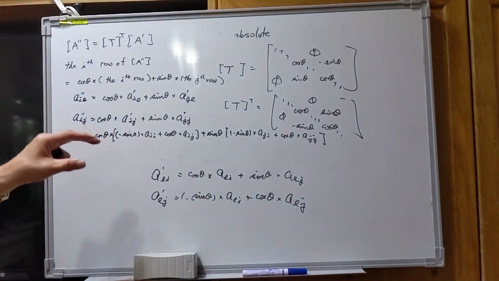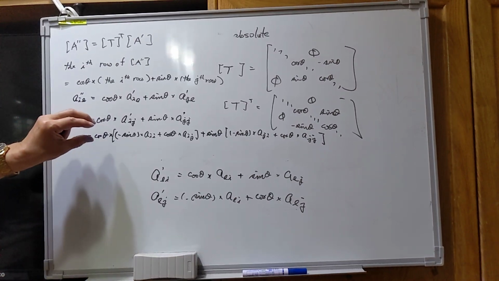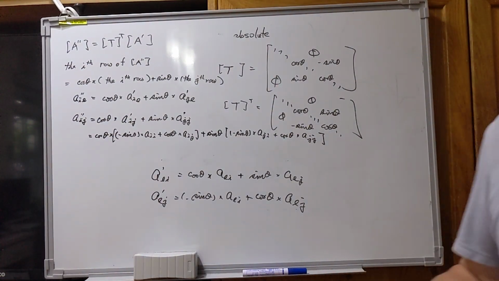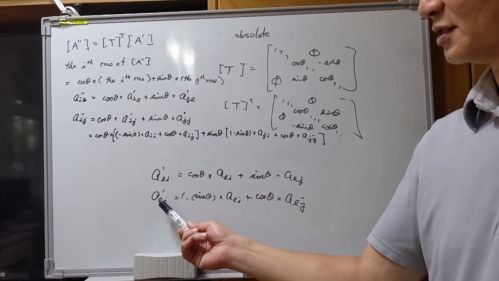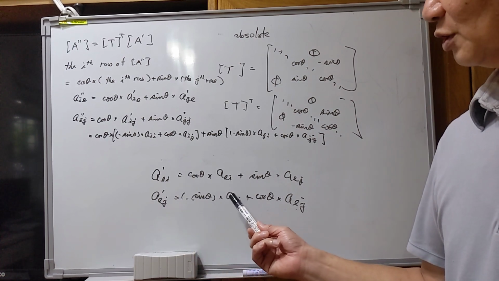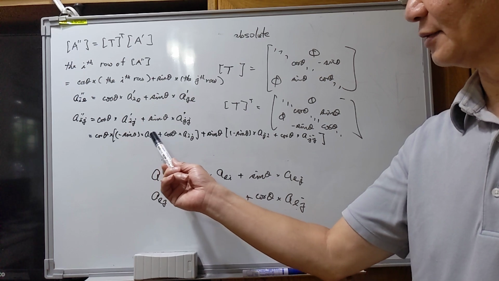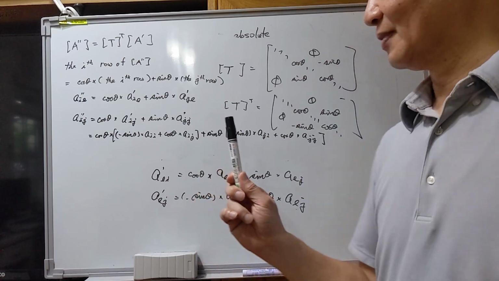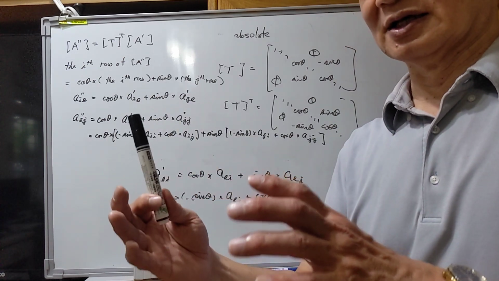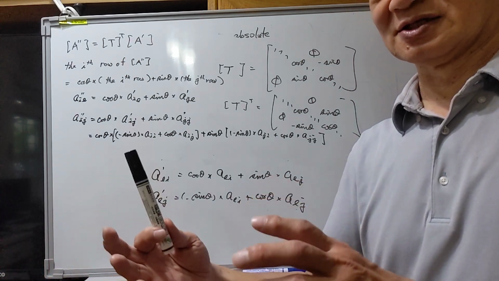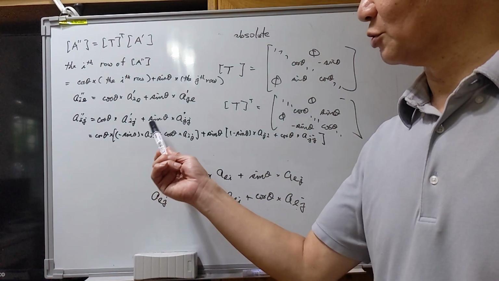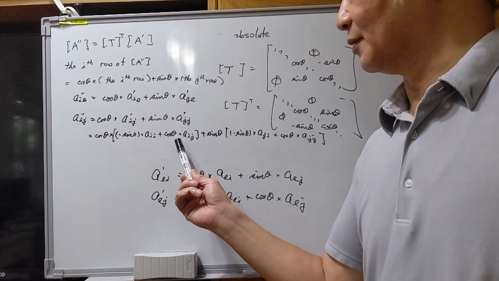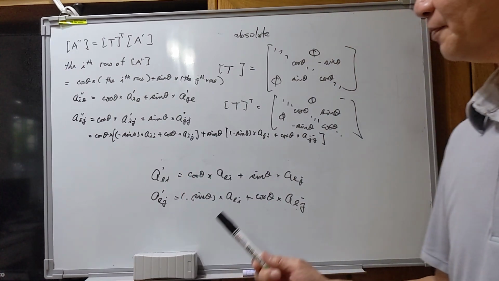Okay, so I use the second formula here to calculate the Aij prime and the Ajj prime. Again, for the Aij prime, I will replace the L by the I, so it will be negative sine theta times Aii. Now the Aii is the original Aii. The prime means the A post-multiplied by the T, that's the matrix prime. So if I use the symbol Aii, it represents the original Aii element. That's the original Aij element.